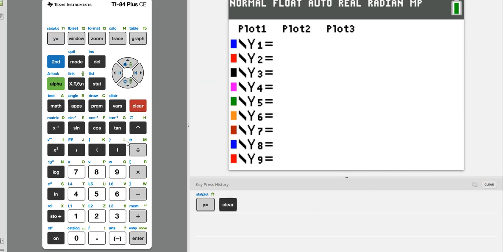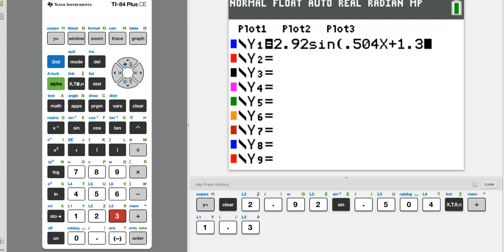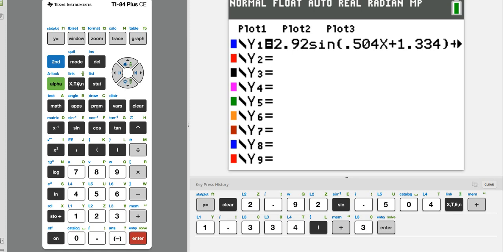I want 2.92 times sine of 0.504x plus 1.334, parentheses, plus 3. So there's my function.